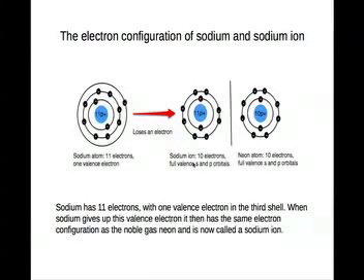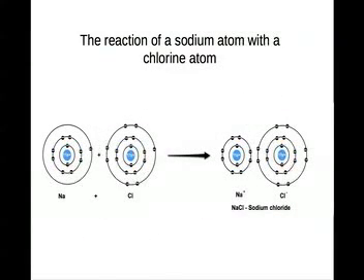So atoms will gain or give up electrons in order to have stable electron configurations, full s and p subshells, like those of the noble gases. 8 valence electrons is stable. Atoms form ions to get to 8 valence electrons. But electrons don't just disappear or come from nowhere.